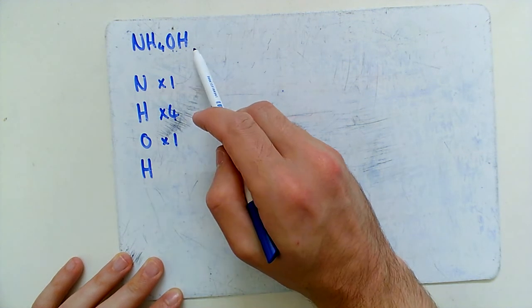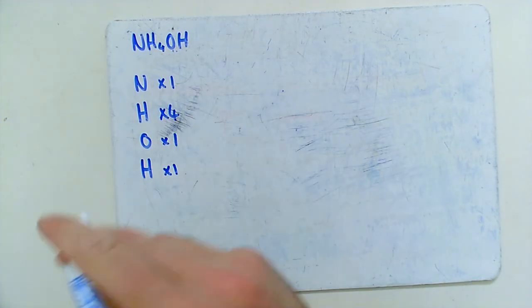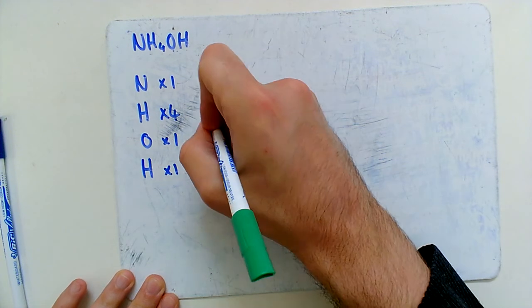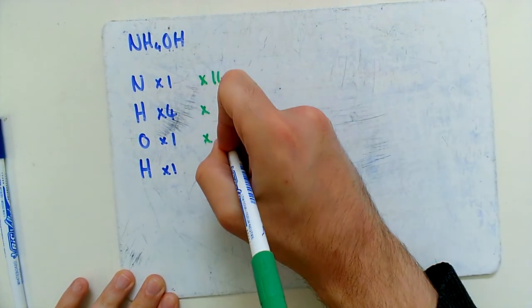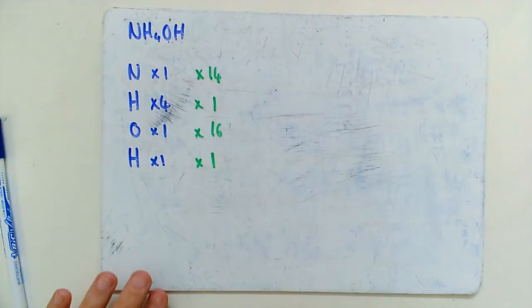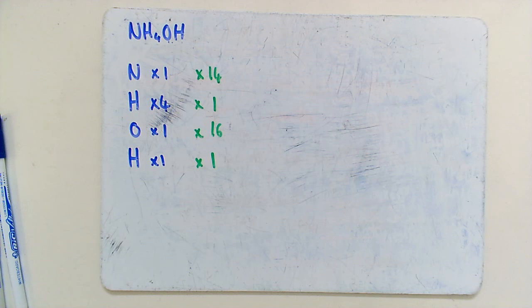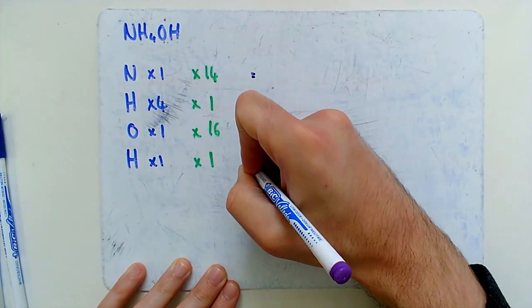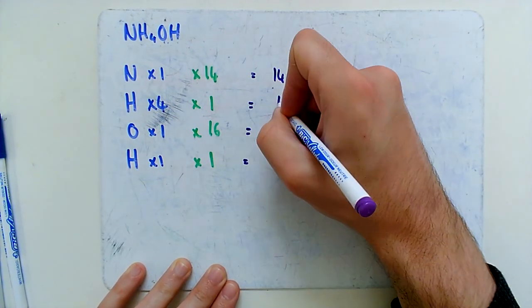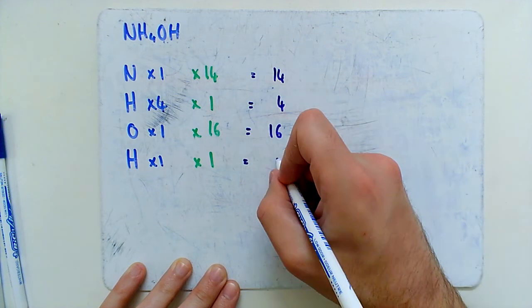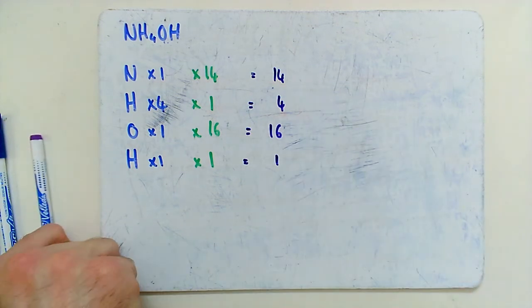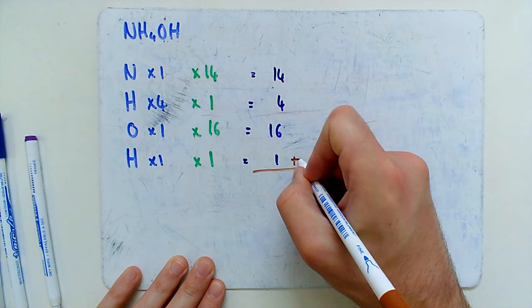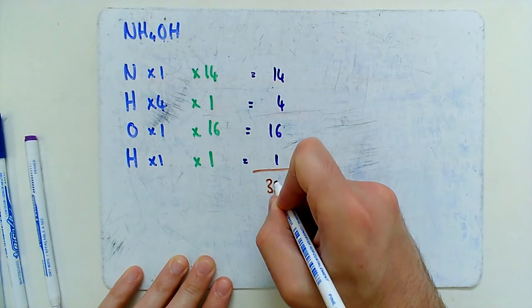Hydrogen, no number after it, times 1. I then look up the masses: 14, 1, 16, 1. When I do that, I end up with 14, 4, 16, and 1. And when I add that all together, I end up with 35.